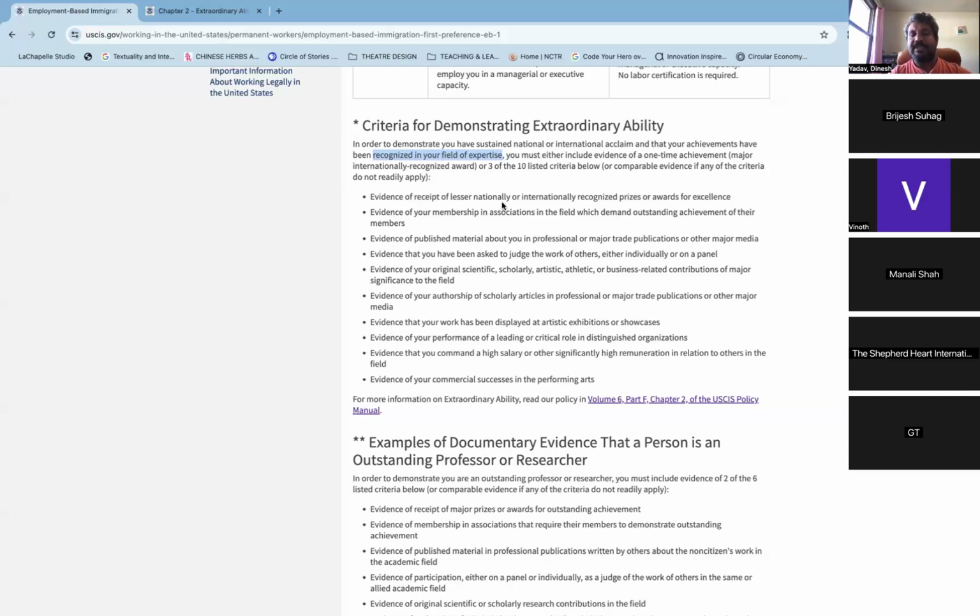Evidence of receipt of lesser nationally or internationally recognized prizes or awards for excellence. Now, for each category, I would suggest having a minimum of 3 pieces of evidence; more is always good. Now, what does an internationally or nationally recognized prize look like? Sometimes we think awards like Scout, NSS, NCC may not work, but I tell you they work in terms of sustained national and international acclaim.